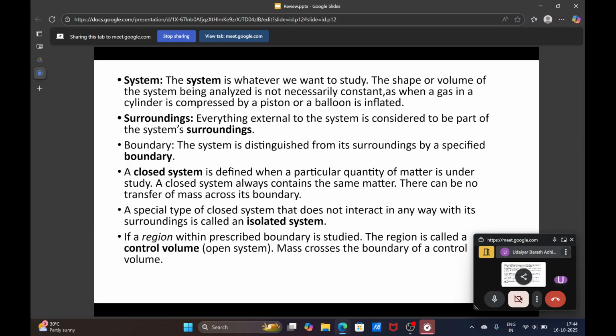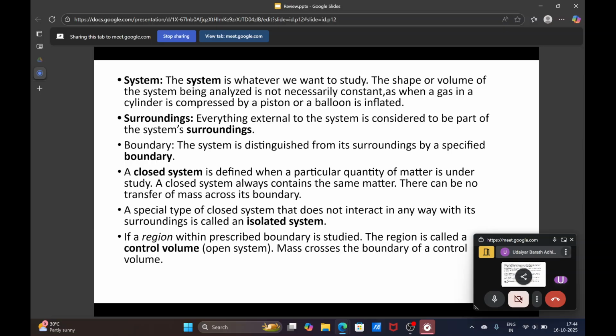So it can be a shape or volume of the system being analyzed. So this is not necessarily constant. The shape may change or vary based on what you consider to be a system, like an open system or closed system.